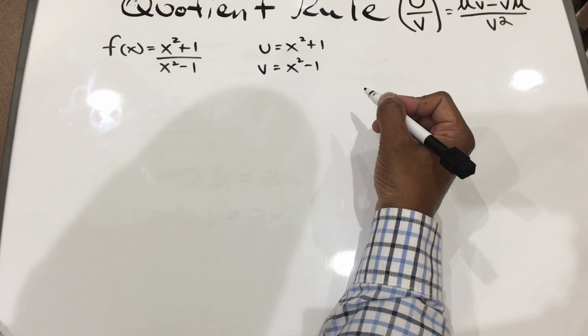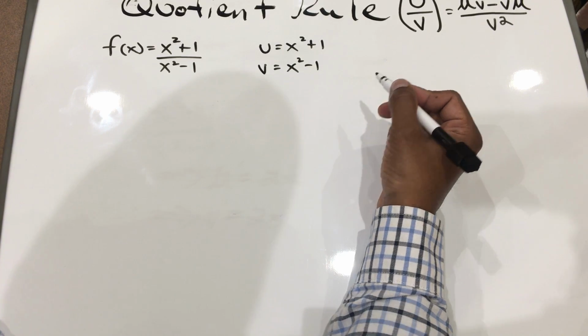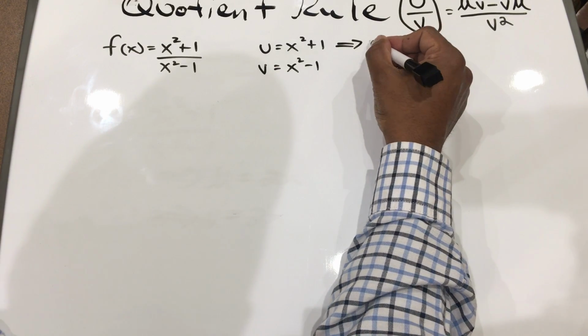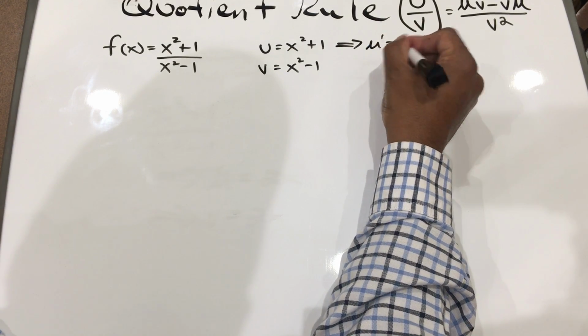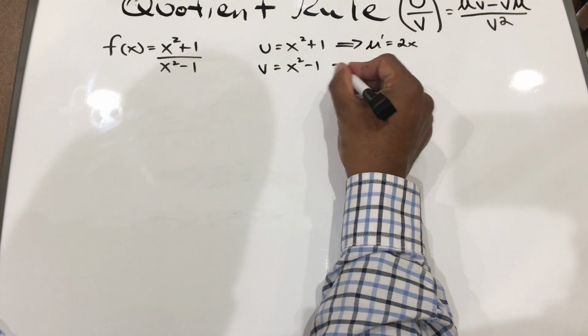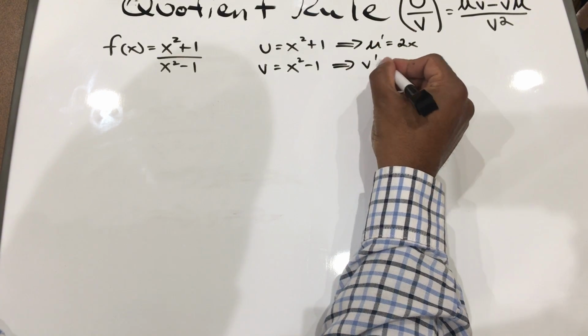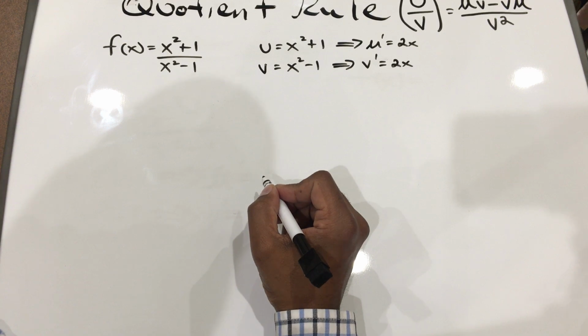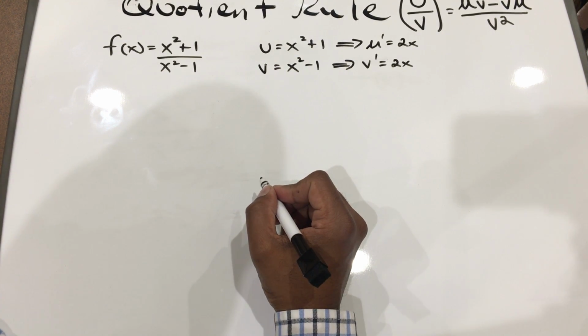So now we can find our derivatives. Therefore, u prime would be 2x, and v prime would also be 2x. Now we're ready to use the form of the quotient rule to properly find this derivative.